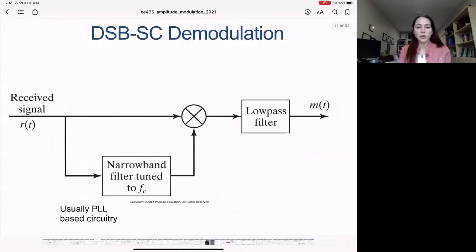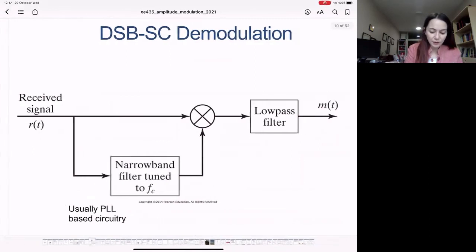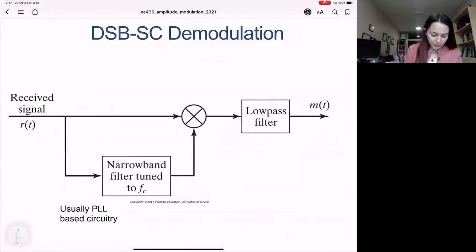So that was modulation. Let's talk about how we recover the original signal back. In other words, how do we demodulate? Now, there's a received signal coming to the receiver. The received signal can be different from the transmitted signal in general.